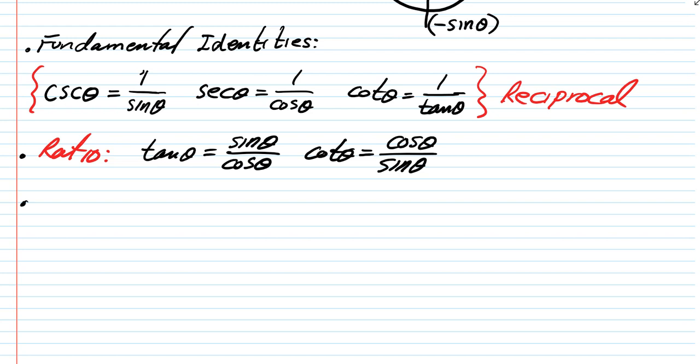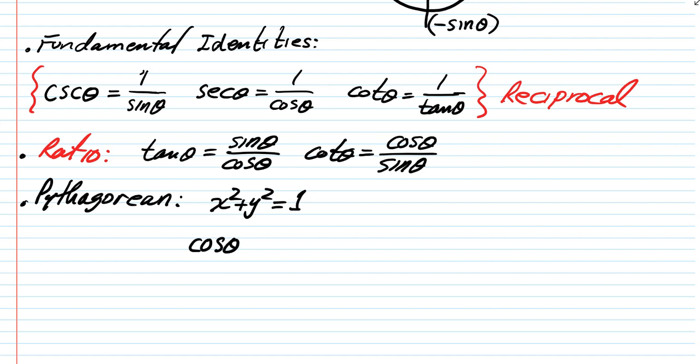And then we have our famous Pythagorean identity, named after Pythagoras. x squared plus y squared is equal to 1. And here x, again, is the x component, cosine of theta, and y is sine, so cosine squared theta plus sine squared theta equals 1.